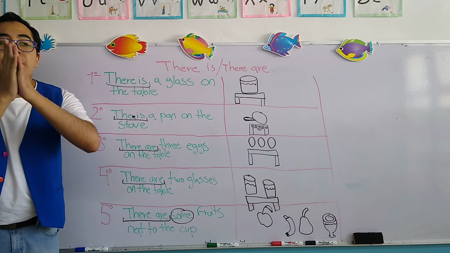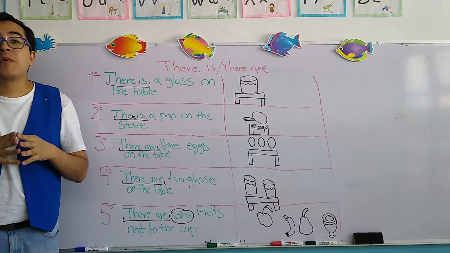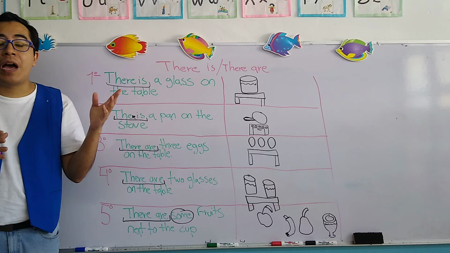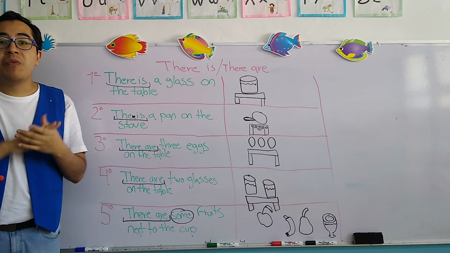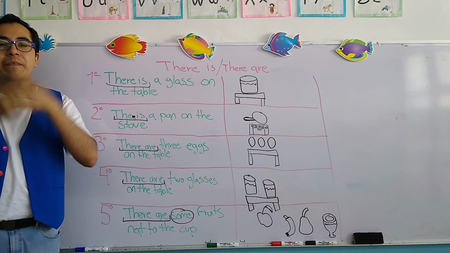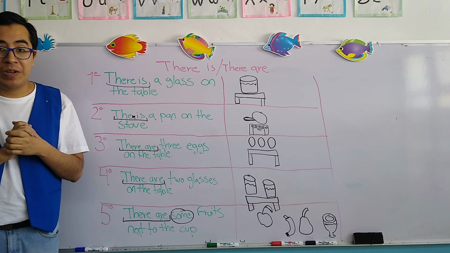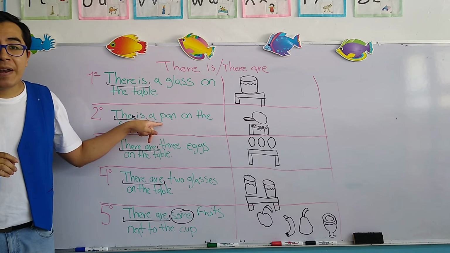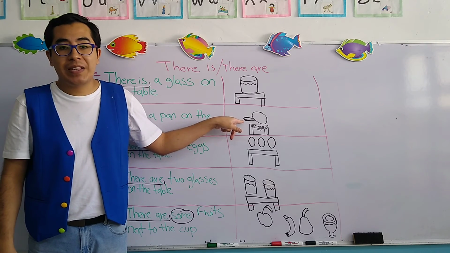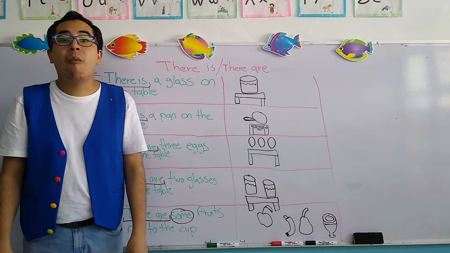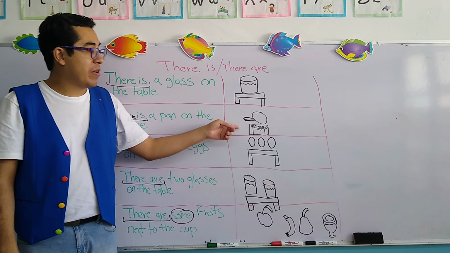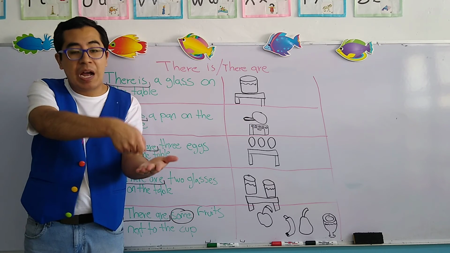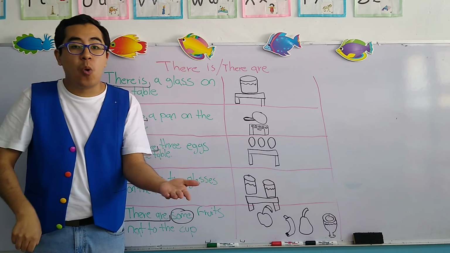So today, before we finish, I am going to review because we saw 3 new words. Okay, voy a hacer un repaso porque vimos 3 palabras nuevas. The first one was pan. Once again, pan means sartén in Spanish. The second new word was stove. Remember, the stove contains heaters, and it's basically where we put our pan so we can cook.